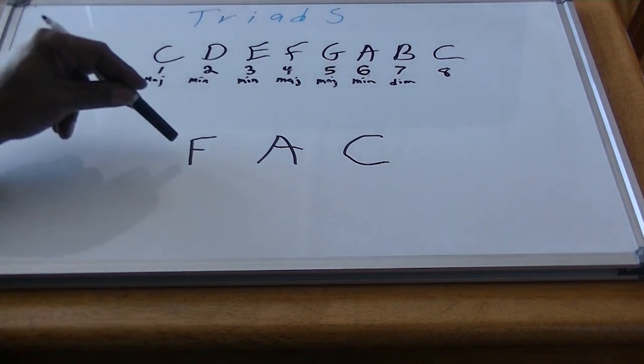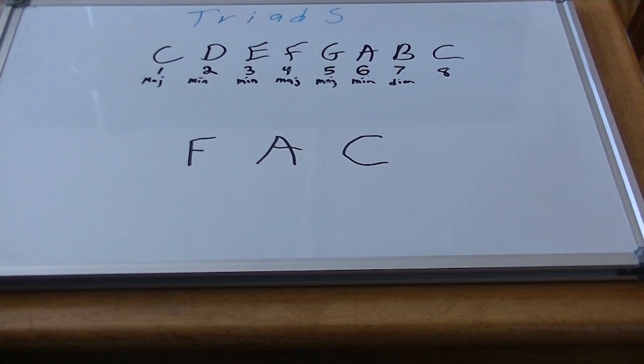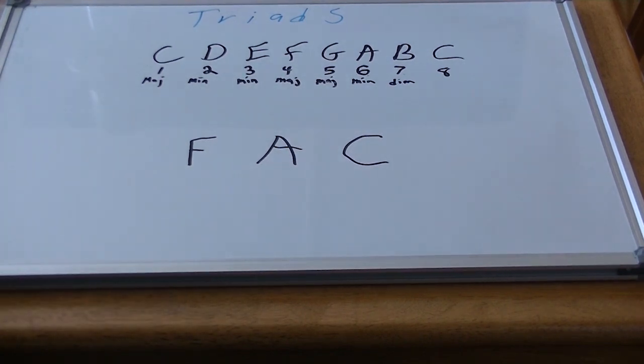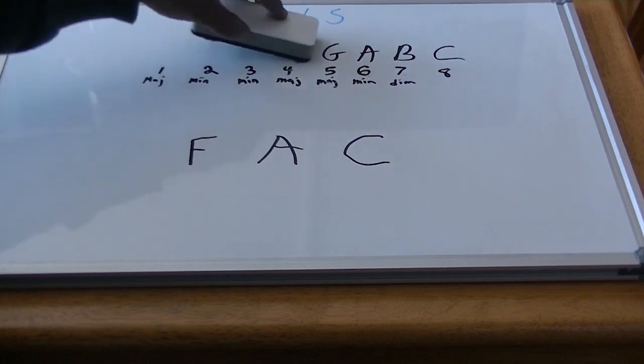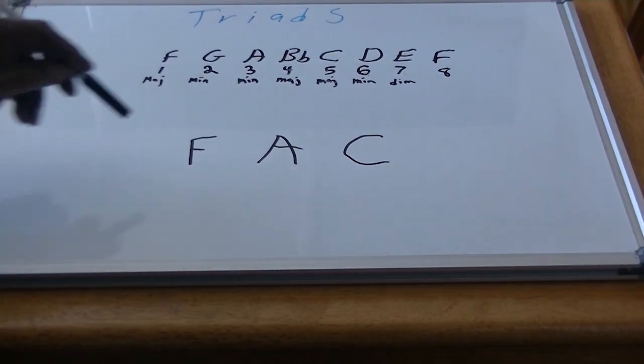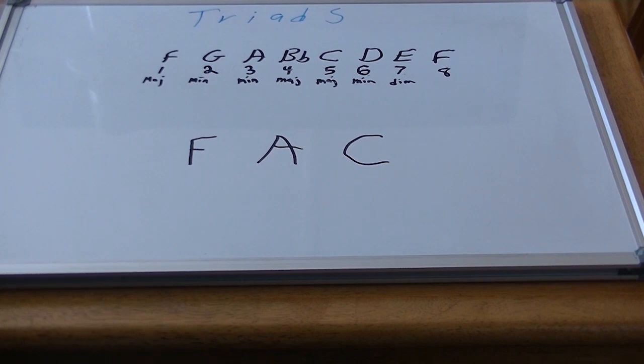Well, we have an F major chord here, and in the F major chord, F is the root note. So we need to look at what I call the parent major scale of this root note, which is the F major scale. So now let's analyze this F major chord with respect to the F major scale.